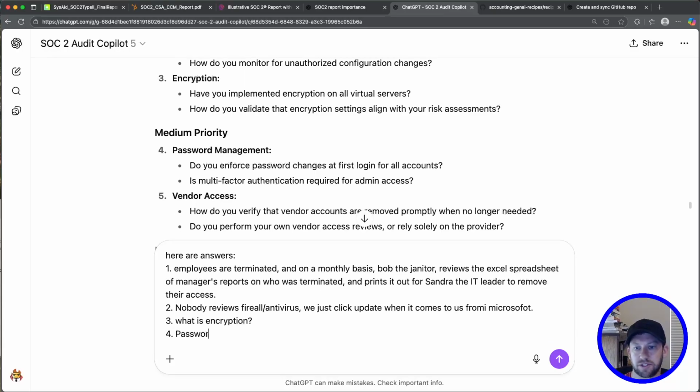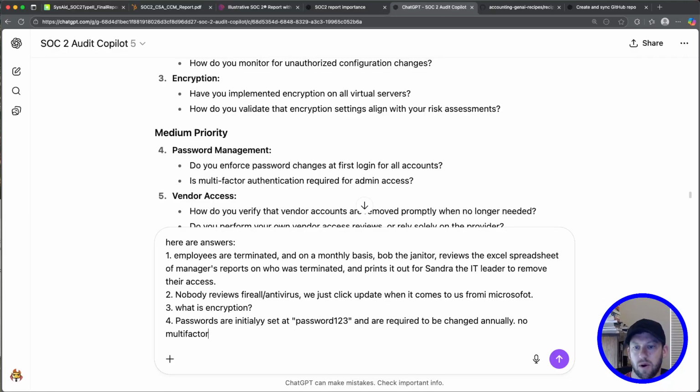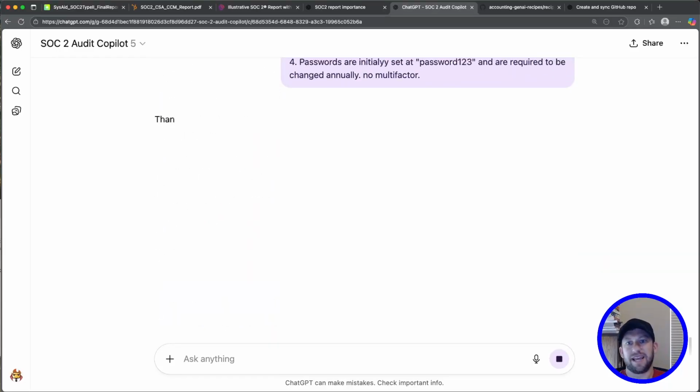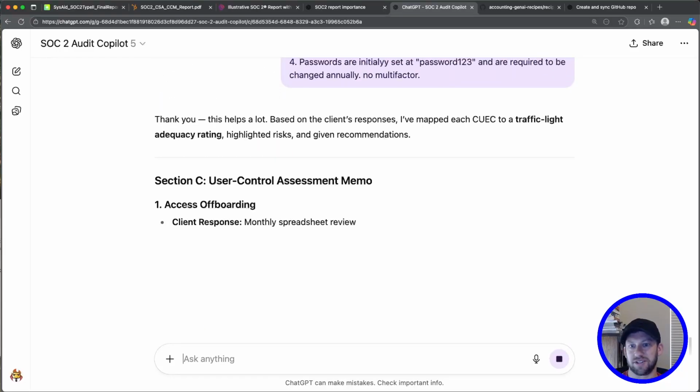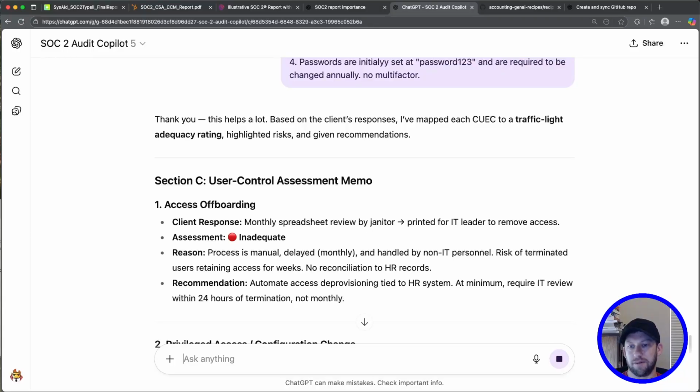Passwords are initially set as password123 and are required to be changed annually. And no multi-factor. So this should throw up a whole bunch of red flags. And this is important because it shows why understanding the user entity controls is important, how to ask those questions, and how to then determine what to do from there.